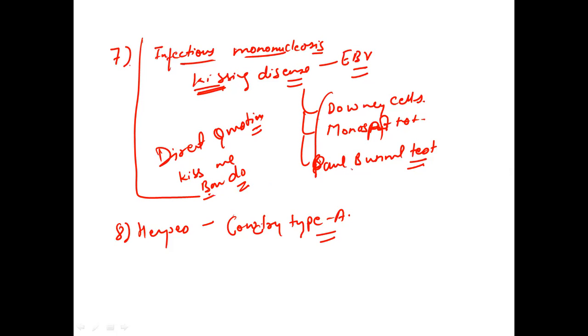Bar is your Paul-Bunnell test. M is your monospot test, right? So kiss me bar do. D is your Downey cells. And herpes is caused by Coxsackie type A. So this is very, very, very, very important. Just remember this thing.